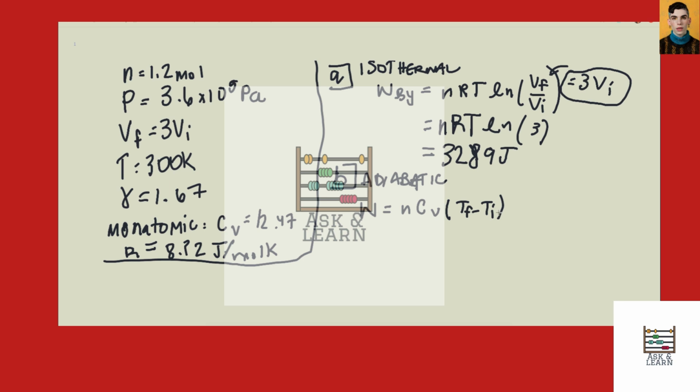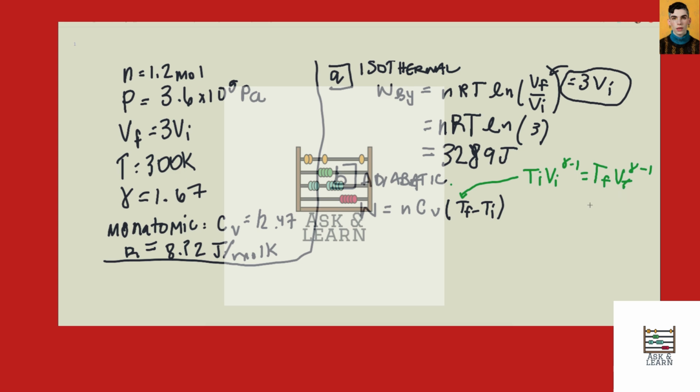Oh no, we don't know the final temperature. To get the final temperature, I'm going to do a side calculation in green. You want to use the equation in the book for adiabatic transformations: T initial times V initial to the gamma minus 1 equals T final times V final to the gamma minus 1.